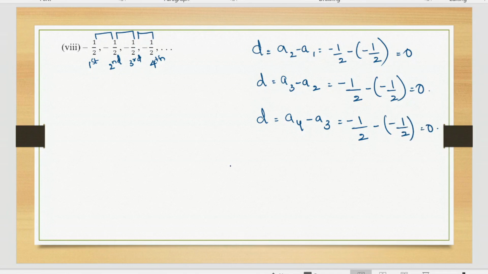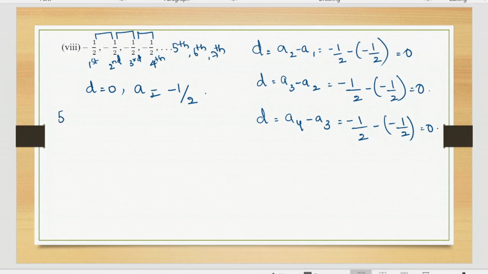Clear? So we can say the common difference is 0 between all the terms. Okay. So we can say it is an AP with the first term, A equal to minus 1 by 2. Now we need to find the fifth term, sixth term and seventh term of the AP. That is the next three terms of the AP.